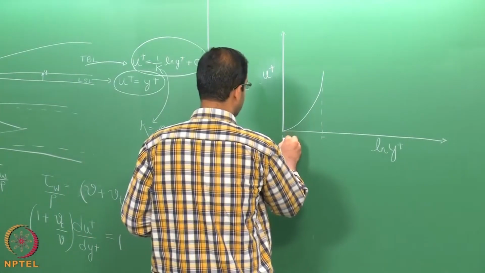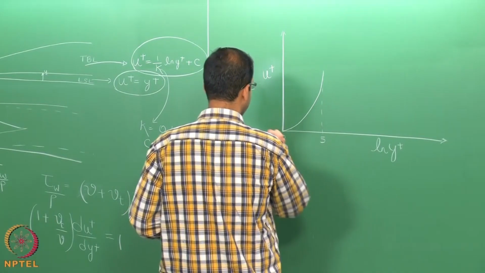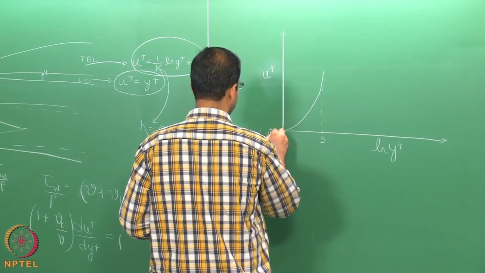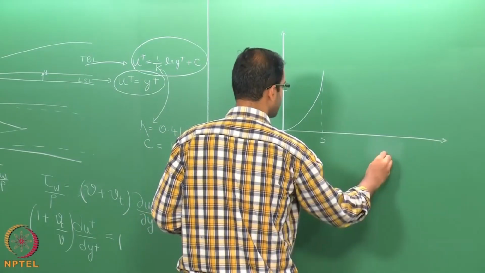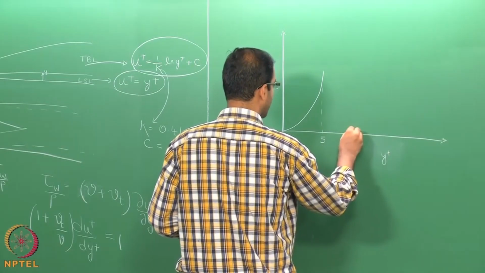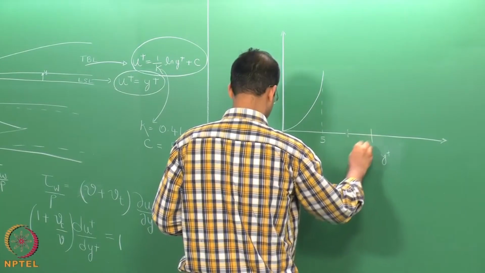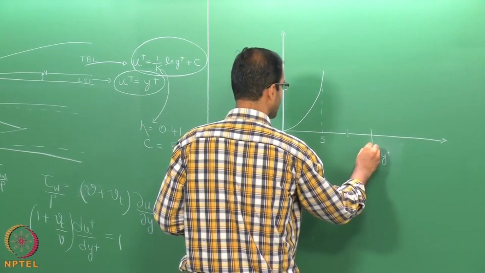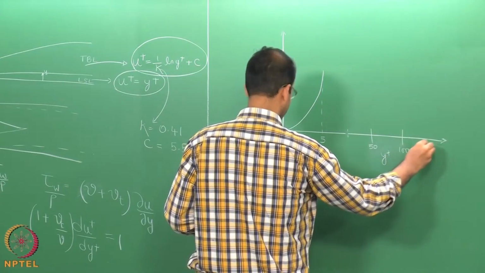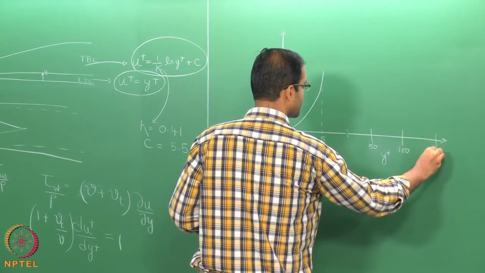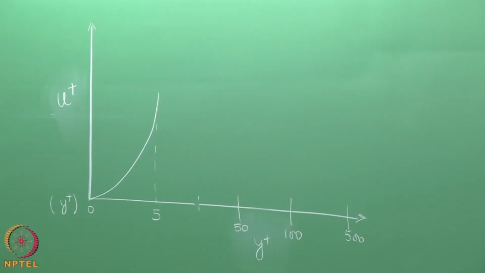For example, if you start from 0, this will be 5, okay, and I am just plotting the actual y plus, how it looks. If you plot it on a log scale directly, then you have somewhere here a variation of about, let us say, 50, and then about 100 and maybe 500, some kind of variation like this.